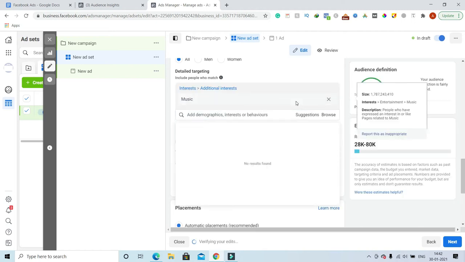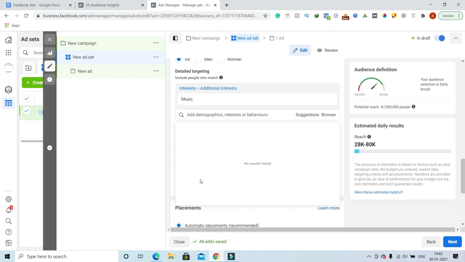But here is one crucial factor which you should understand. Don't target obvious interests. There are millions and millions of people who are interested in music, but that does not mean that particular person would like to learn music, right? So there is a difference between a person having an interest in a particular activity and a person willing to learn that activity.